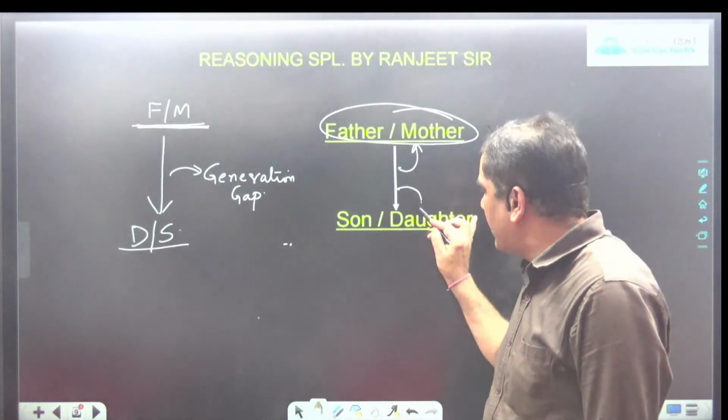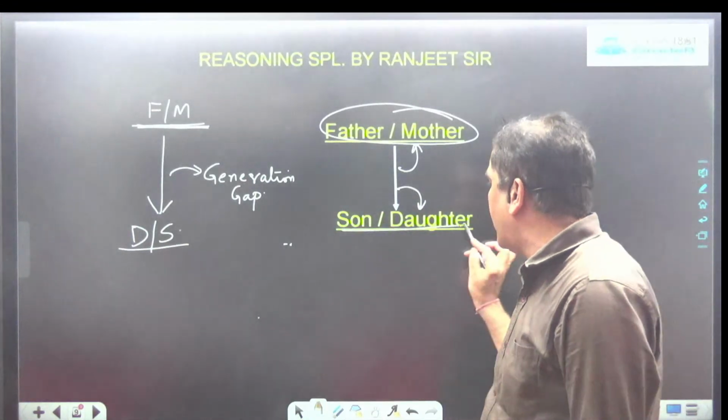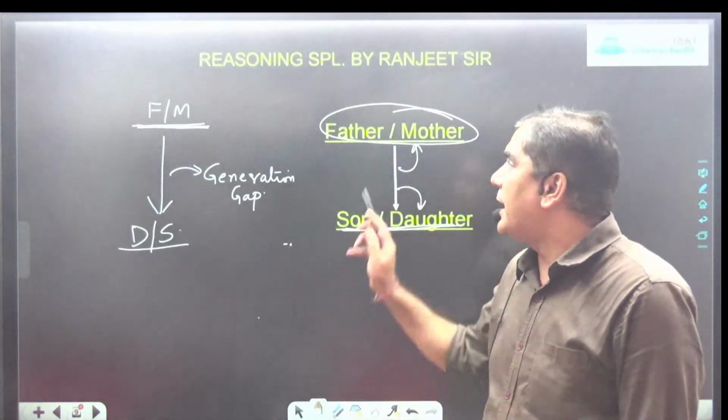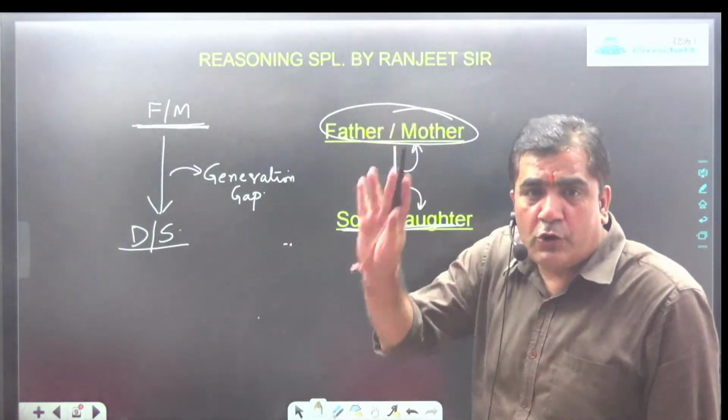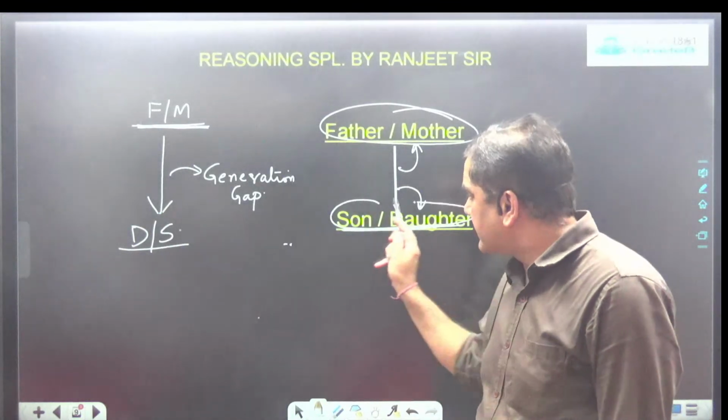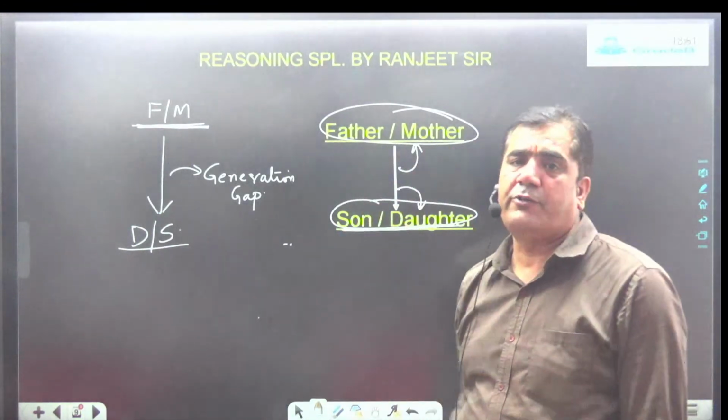The place just below the arrow is only and only for son or daughter. Clear? By mistake, please don't put uncle or aunt over here, and please don't put niece or nephew over here, because this place is only and only for son and daughter, and the place above is only and only for father and mother.